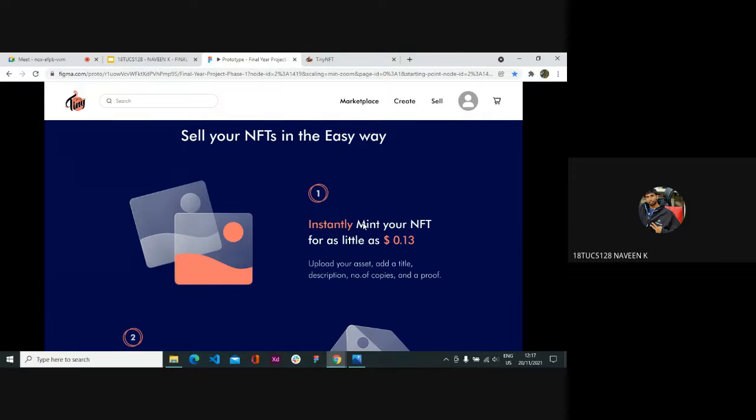If you upload a file of 20 MB, you need to pay a gas cost to mint an NFT, which takes around $50 to $60. But we use very little.